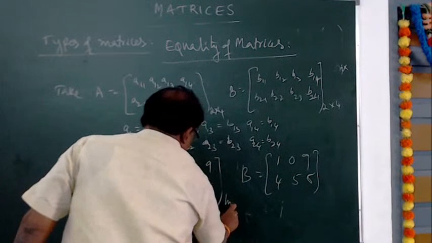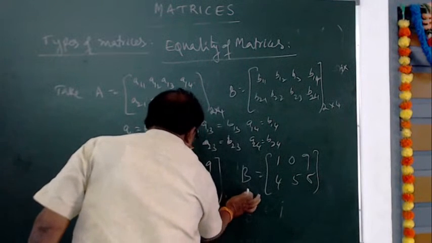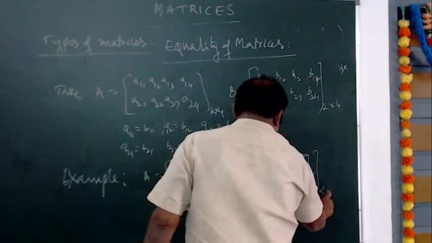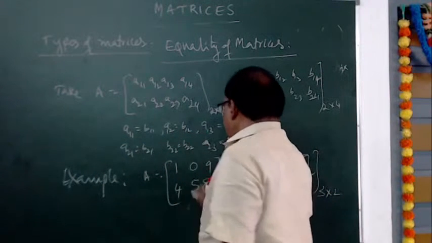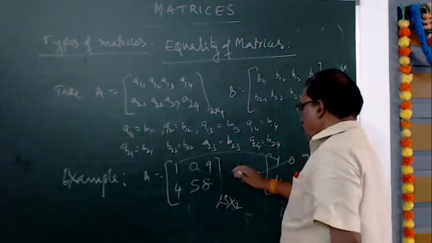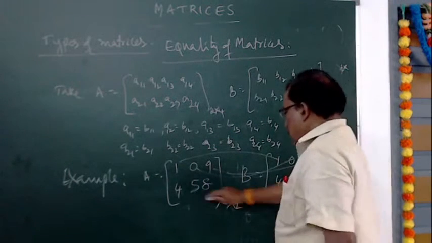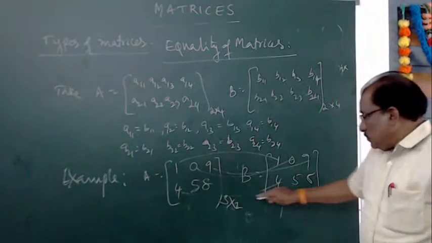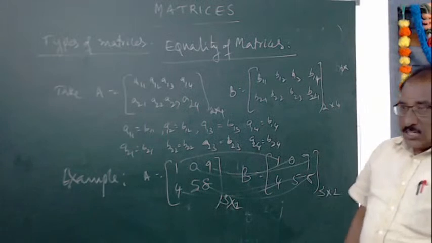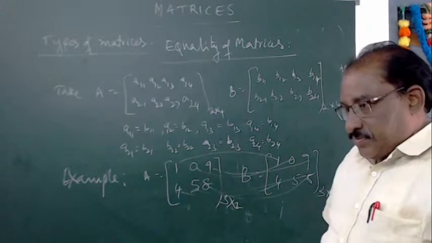The order is 3 by 2 here. This is also 3 by 2. Corresponding elements are equal: 1, 1, 0, 0, 9, 9, 4, 4, 5, 5 and 8, 8. The corresponding elements are the same.